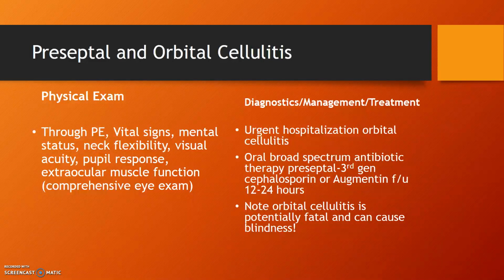However, for preseptal, the patient can be started on an oral broad spectrum antibiotic such as a third generation cephalosporin or Augmentin, but the follow-up needs to be really close, 12 to 24 hours, and that needs to be reiterated. Again, please note that orbital cellulitis, the posterior, is potentially fatal and can cause blindness.